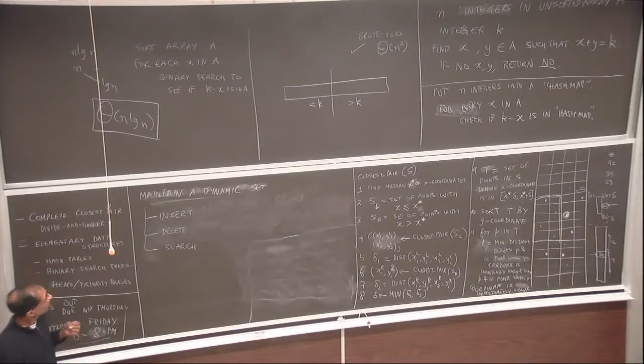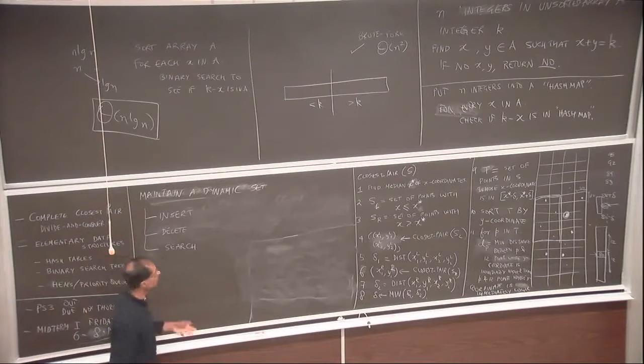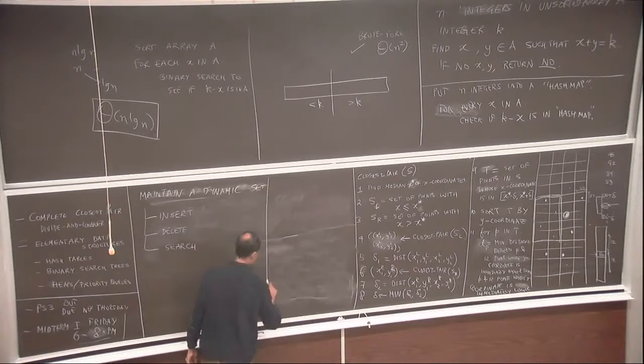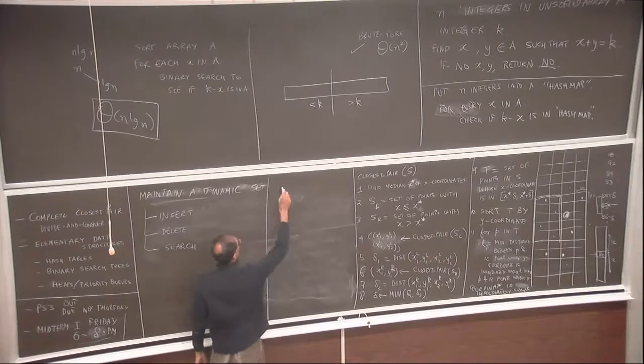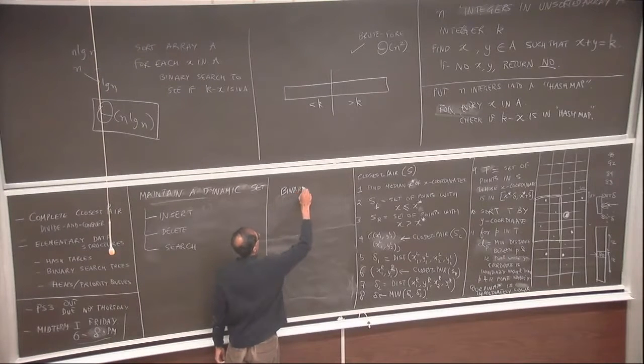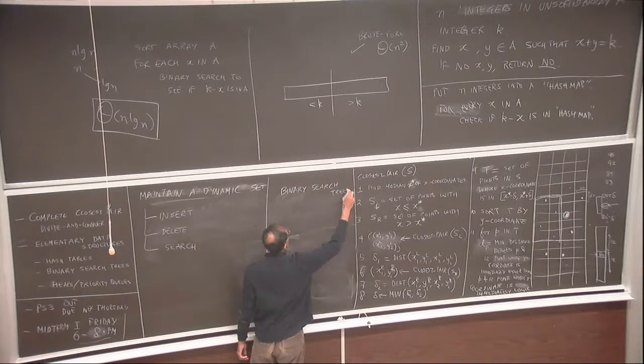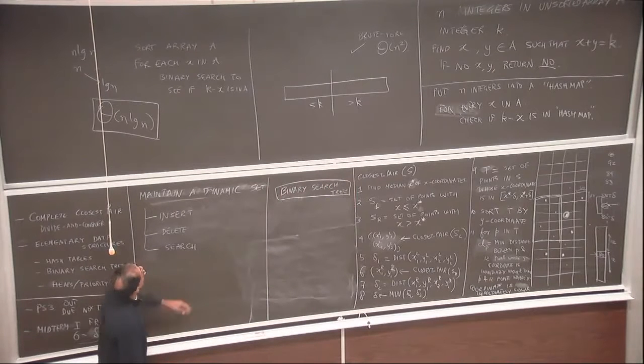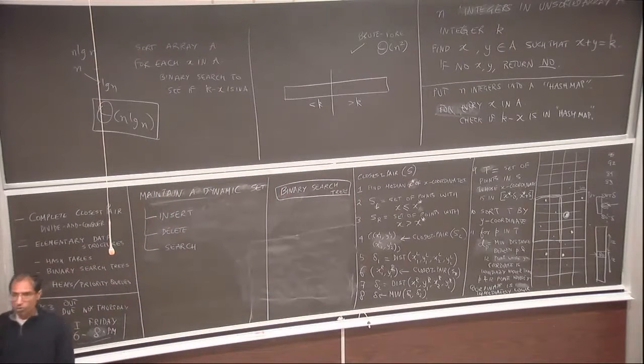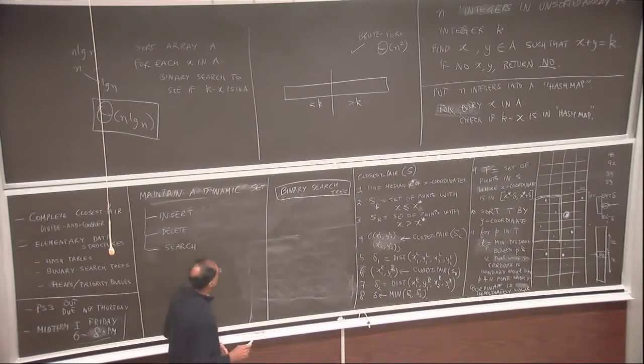Okay? There are multiple ways to do that. One way to do that is what is called a binary search tree. We're not going to go into details on it, and it essentially operates in some sense similar to what's going on there, but it's a more versatile and generic data structure.